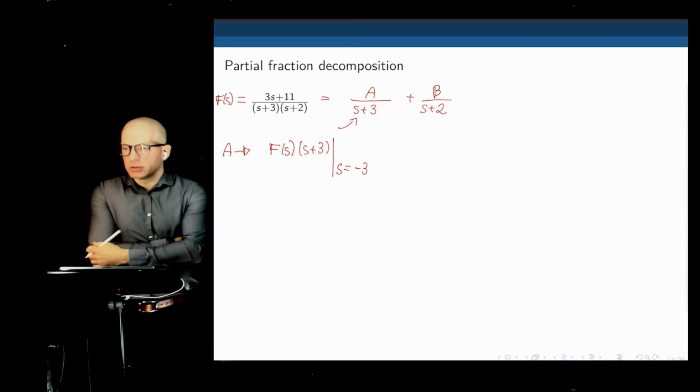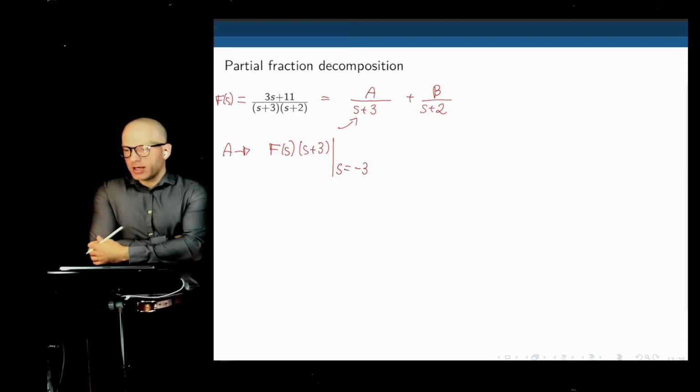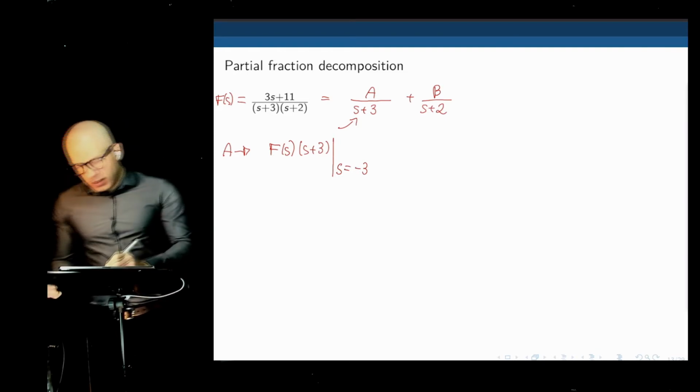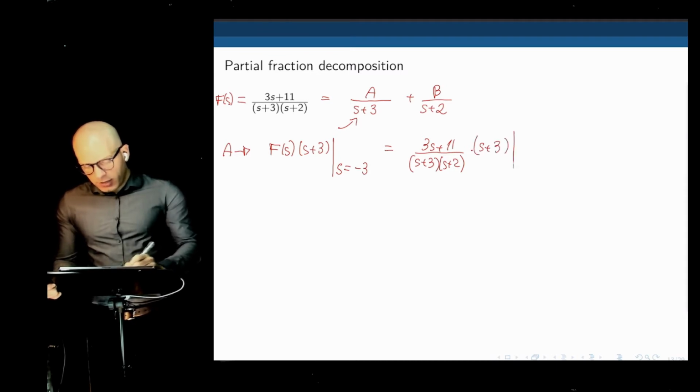Multiply the function by the denominator, evaluate the function at the value of s that makes the denominator 0. What does that give? F of s is 3s plus 11 divided by s plus 3 times s plus 2. We multiply that by s plus 3, and we evaluate the function when s equals -3.